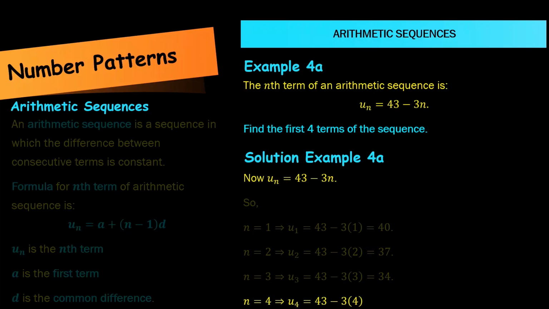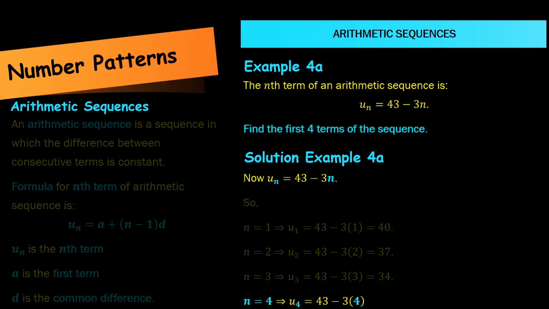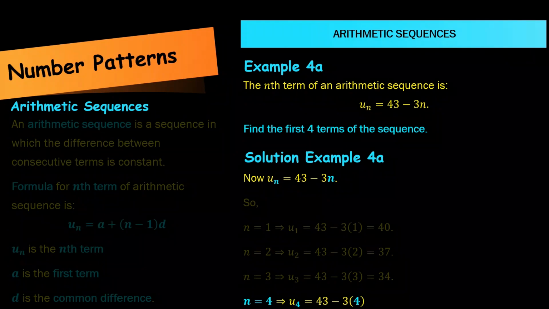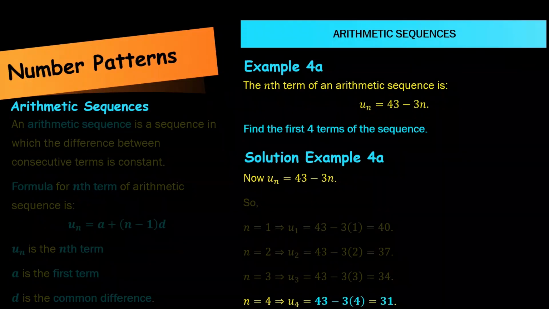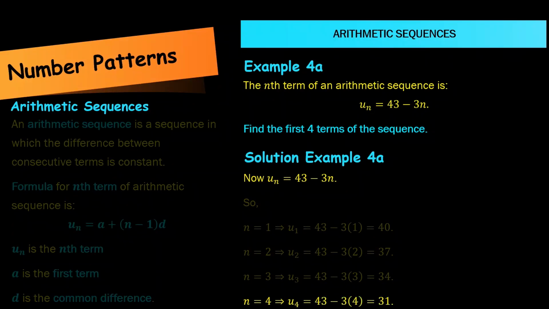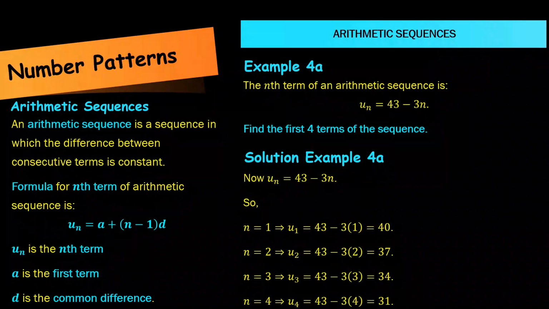And finally, for the fourth term, when n equals 4, we have u subscript 4 equals 43 minus 3 times 4, which is equal to 31. So the first 4 terms of this sequence are 40, 37, 34 and 31.